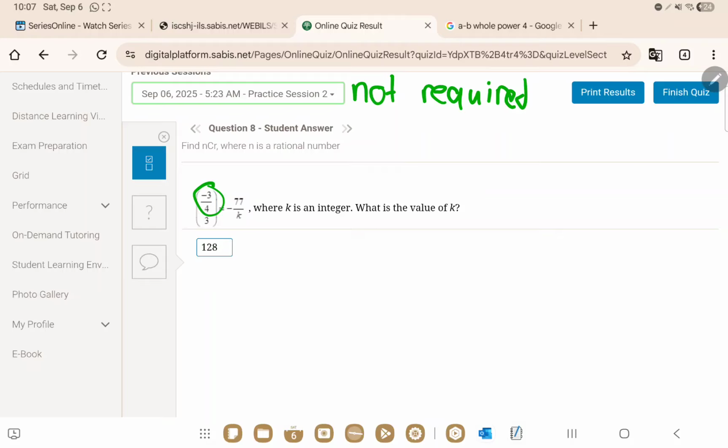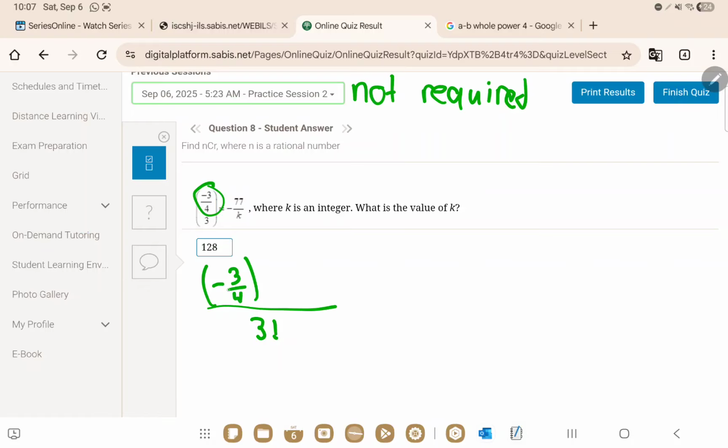So we have a rule to solve it. To solve any combination with a non-integer number, we take that number and we factorial it. By the way, if you put it as a factorial on your calculator, you're going to get an error because you can't do it on a calculator. Over 3 factorial. When you have it over 3 factorial it means you factor it out to only 3 values.